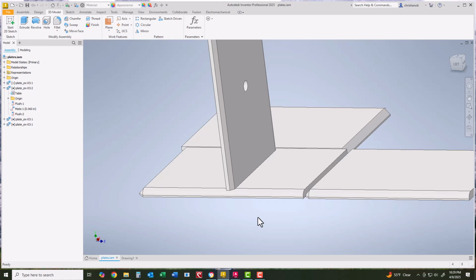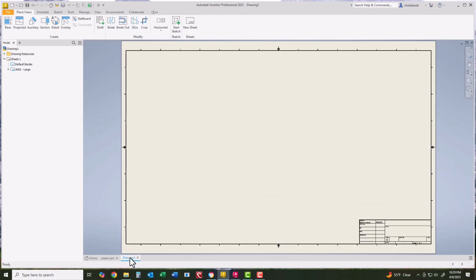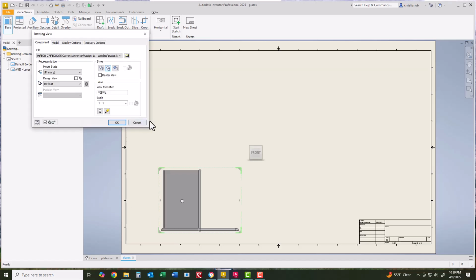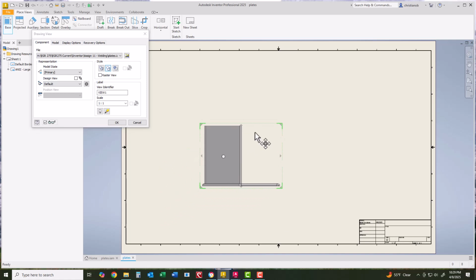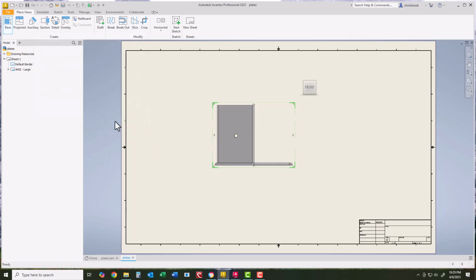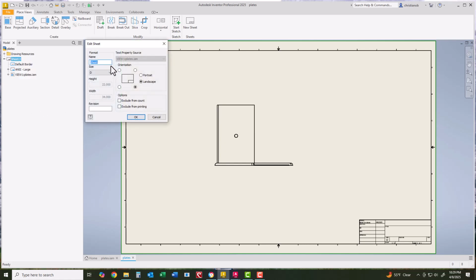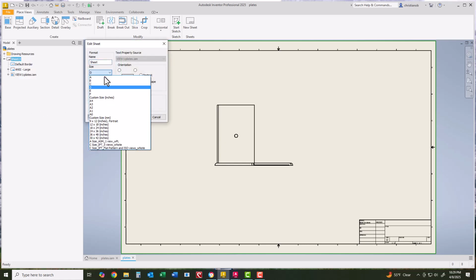And so what I'm going to do is go over to the drawing over here and create a drawing. But this is a large drawing. This is too big. So I'm going to come down in size and go to a B size.